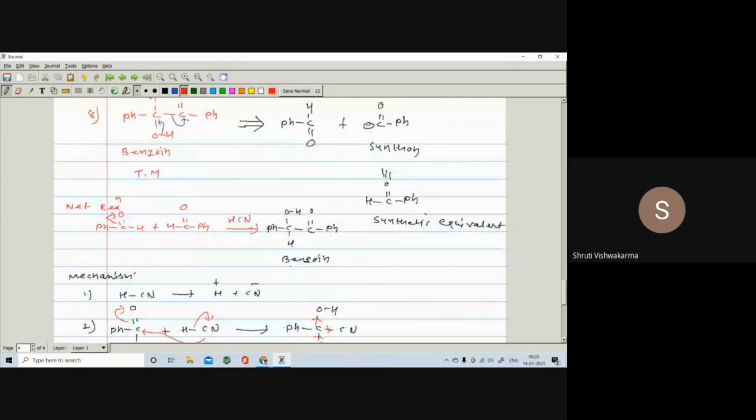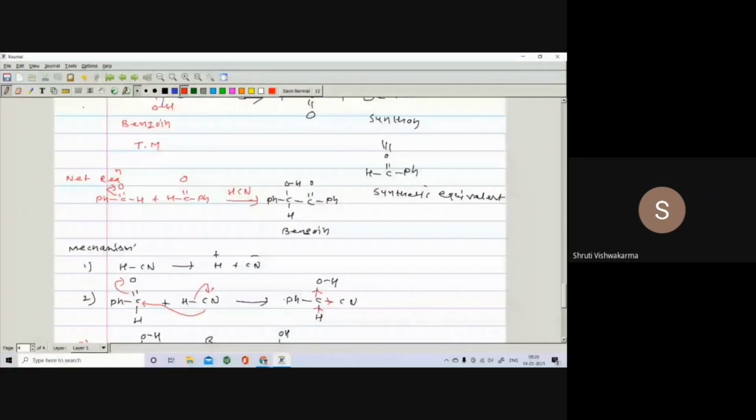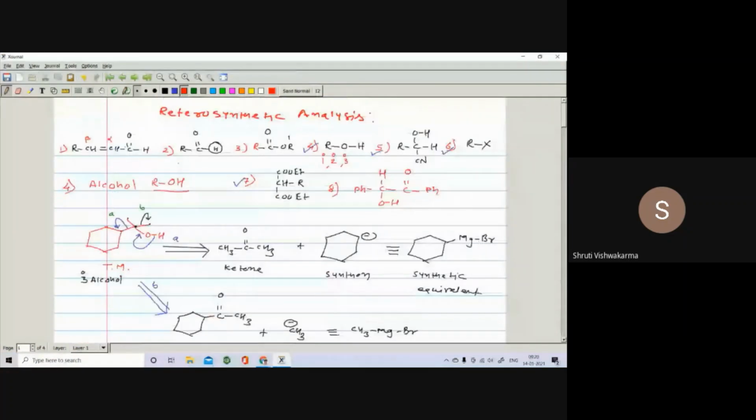This is the mechanism of the reaction. In this way we have seen the retrosynthesis of alpha beta unsaturated aldehyde, aldehyde, ester, alcohol, cyanohydrin, alkyl halide, malonic ester, and also benzoin.